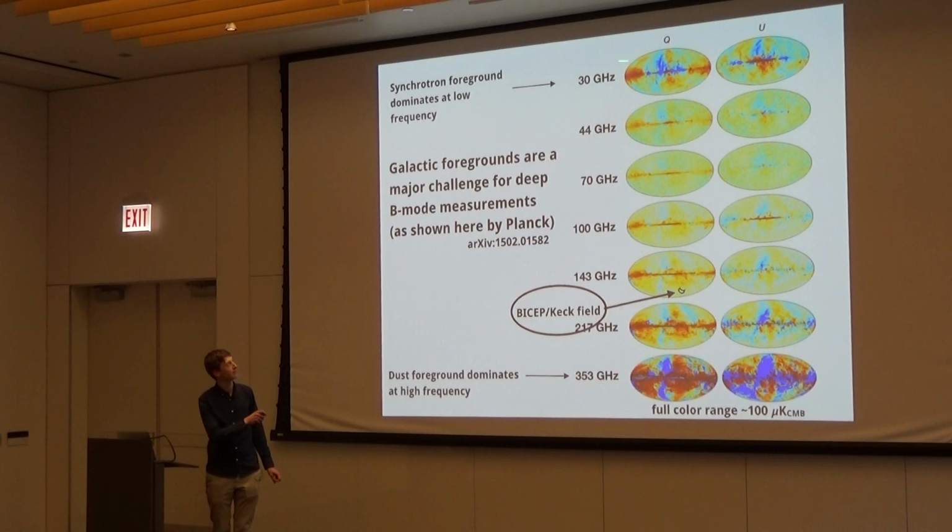So clearly at the very low frequencies and the very high frequencies, these things are very bright. Obviously, it's also very bright in the galactic plane. But you might convince yourself that, okay, if you go to these intermediate frequencies, you go far from the galactic plane, that you can find a nice clean region to study.